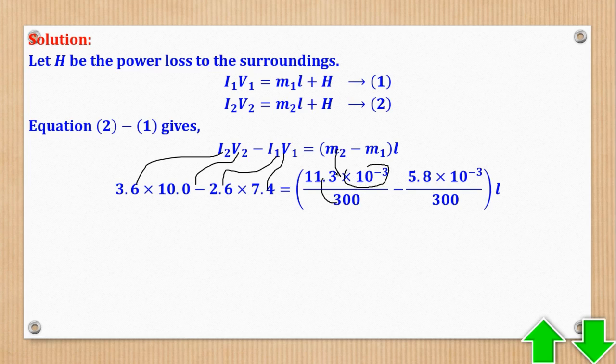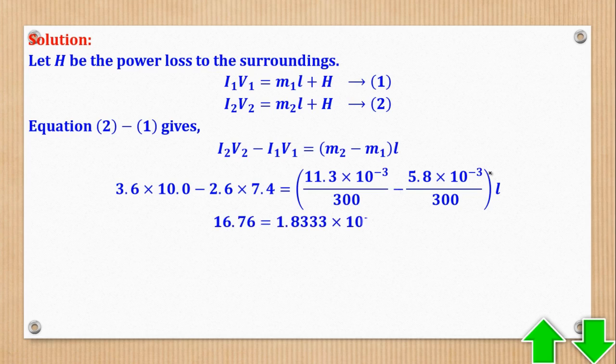It is to convert the grams to kilograms. Then also minus M1, which is this, grams in 300 seconds, so change to kilograms by multiplying by that, and divide by 300 to get per second. And that is outside. So L is the only unknown. Simplify and make it the subject, and that's what they wanted.